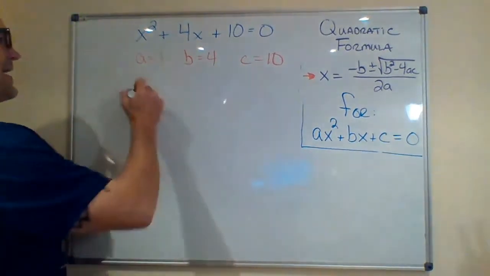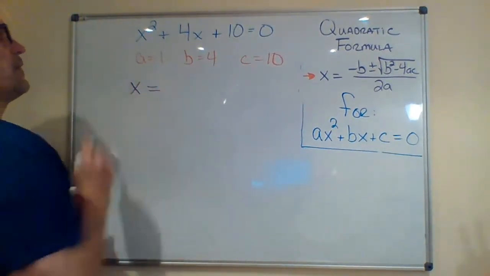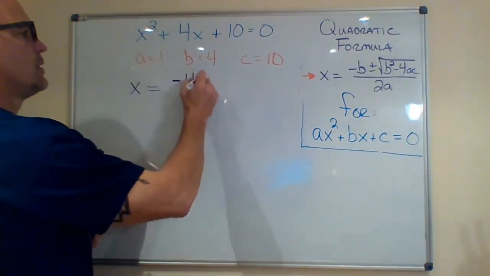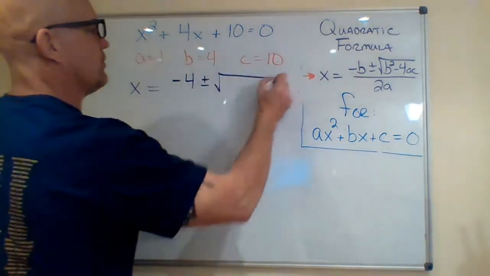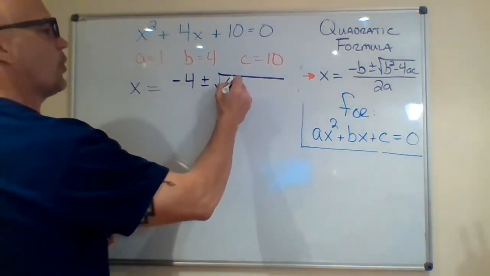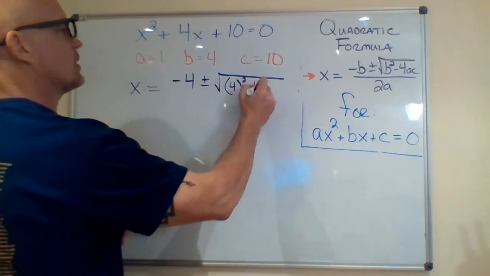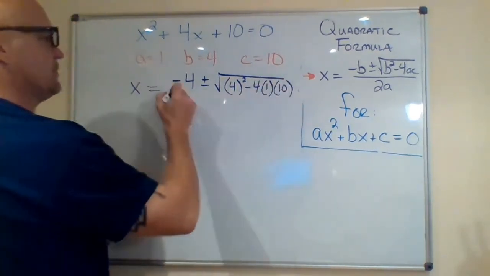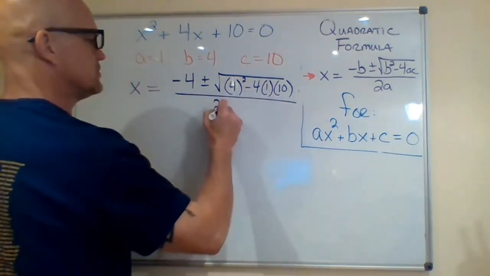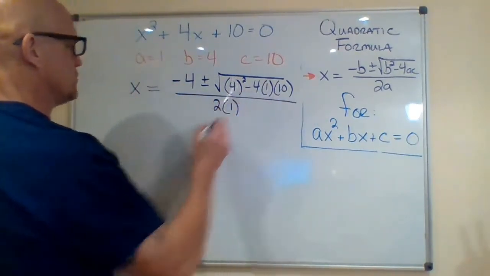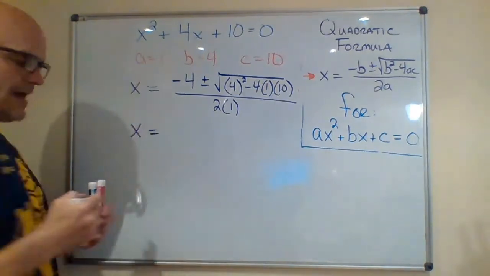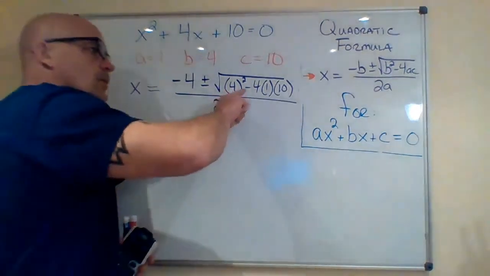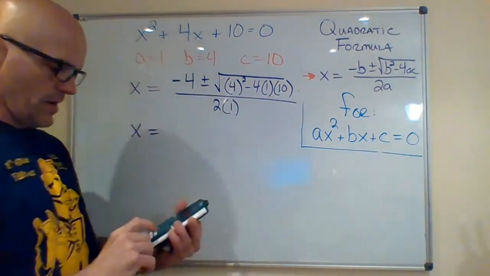I'm going to see x equals the opposite of b, in this case -4, plus or minus the square root of b squared, which is 4 squared, minus 4 times a times c, which is 10, all over 2 times a, which is 1. So now it's just a simplification thing, and a lot of it can be done in your calculator. I'm going to put what's underneath that root, that discriminant, right into my calculator.